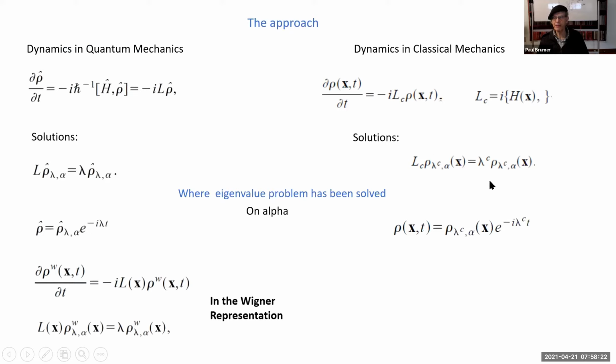This has eigenvalue solutions, Lρ_λc, I call it λ_c, again with degeneracies, is λ_c ρ_λc. This is an eigenvalue solution to this equation. And therefore I can write individual solutions evolving in time as ρ_λcα e to the minus iλ_c t. Look at that, they look virtually the same.